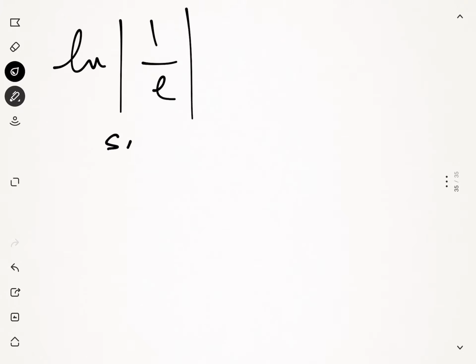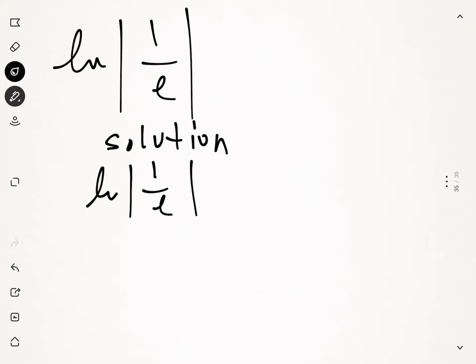Let's look at another one. So natural log of 1 over e. So the solution will be to take this side, natural log 1 over e, and set it equal to y. So now you have two sides.